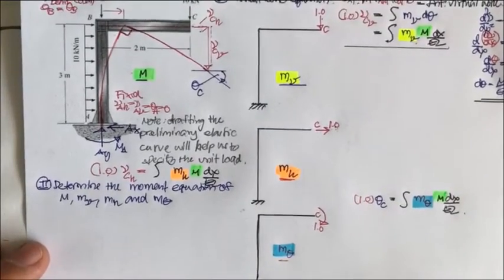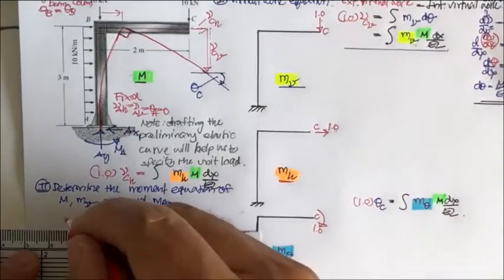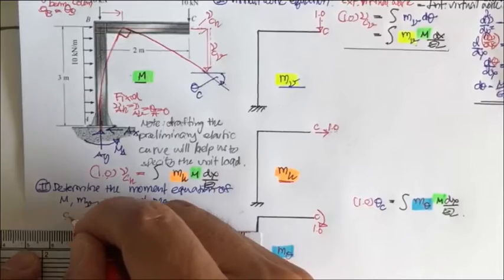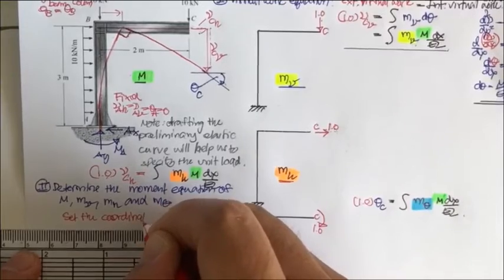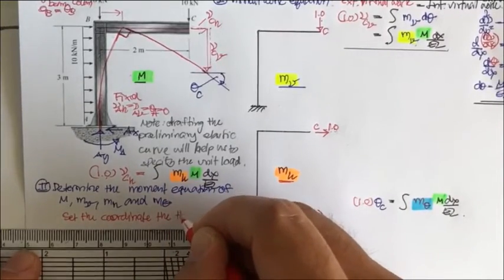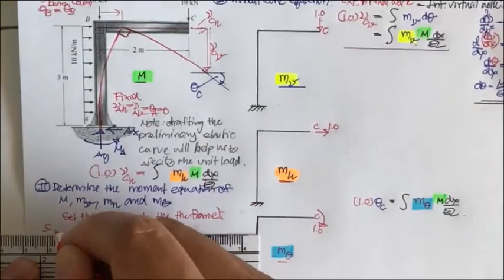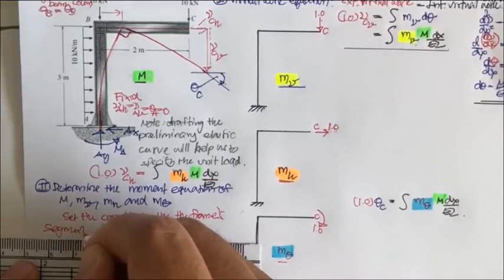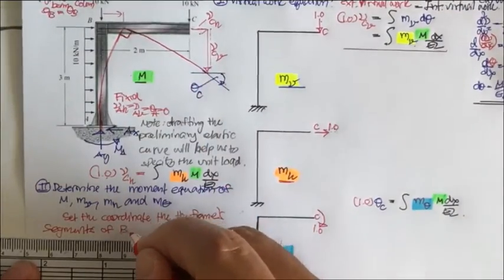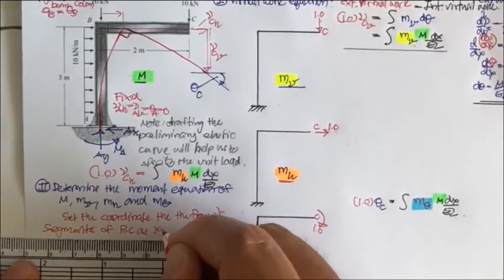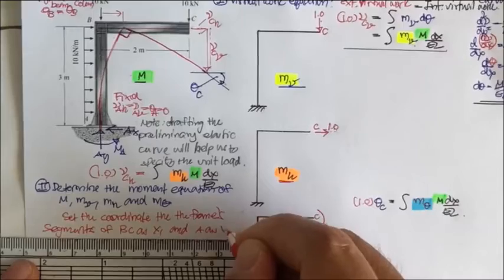But before we determine the moment equation, we are going to set the coordinate of the frame, the frame segments: segment BC as x1 and AB as x2.